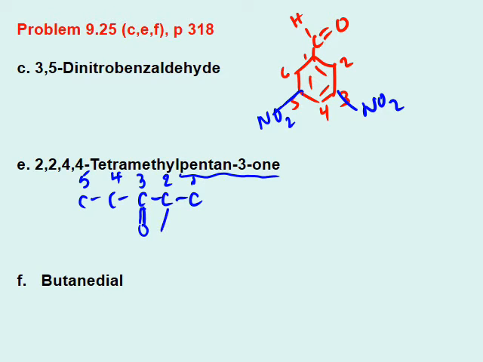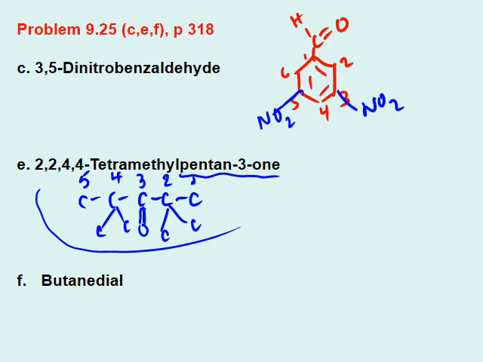So I have 2, this is the methyl group, other methyl group, 2, 2, and 4, 4. Keep in mind they all have hydrogen, and you need to stick in hydrogen by considering the fact carbon must have 4 bonds. So each of these carbon at the end must have 3 hydrogens bonded. So make sure you recognize that. So this is basically the structure for 2,2,4,4-tetramethylpentan-3-one.